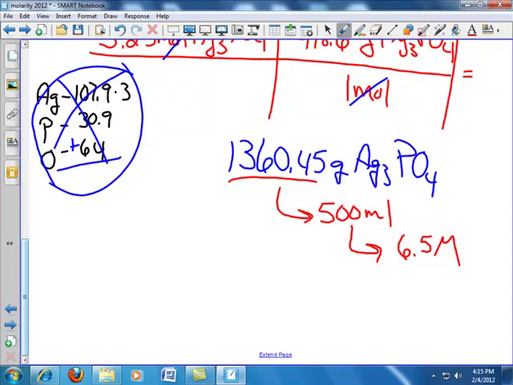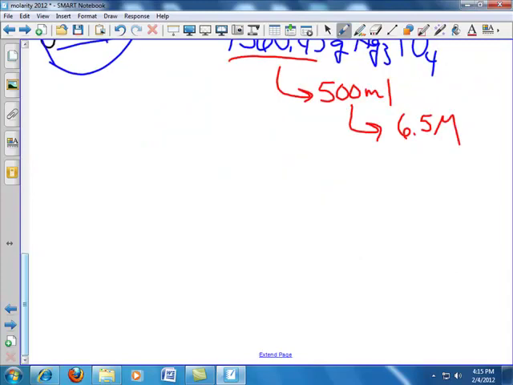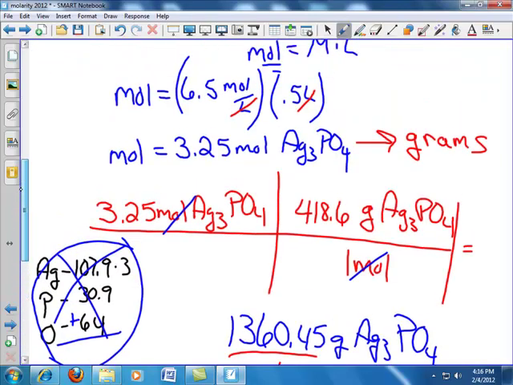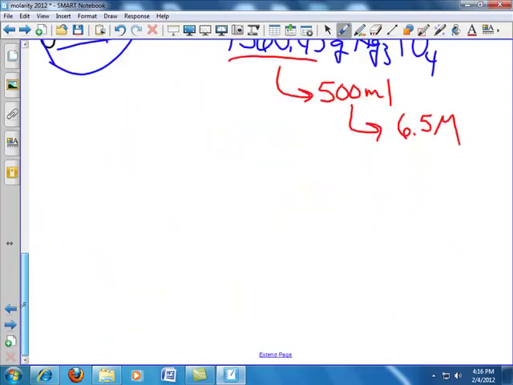Now, what I want to show you is how you can do this all in a T-box. Instead of doing this step by step like we did here, you could actually do this all in one long T-box. Because to get moles, remember, I took molarity times the liters, and then I took that times molar mass.